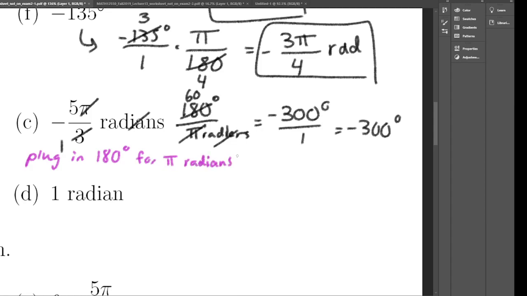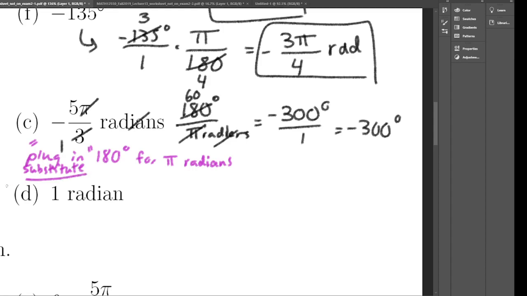Now I want to emphasize that this is not an actual thing you do. Variables are a thing that we can plug in values to. What we're really doing is substituting 180 degrees for pi radians.